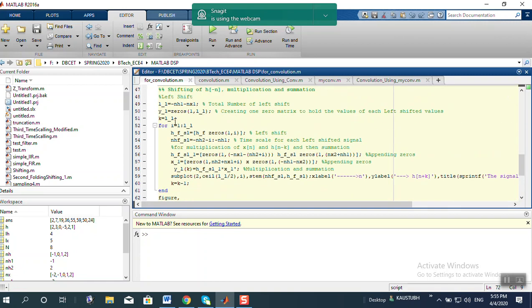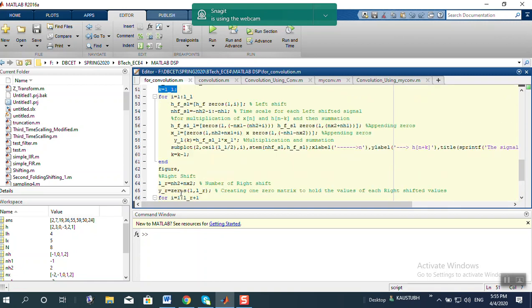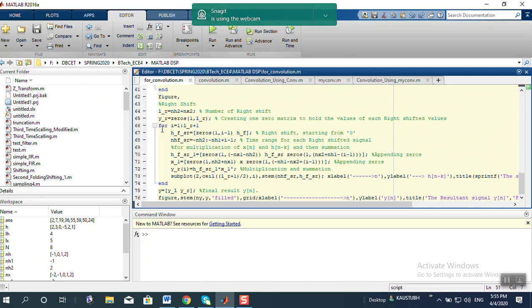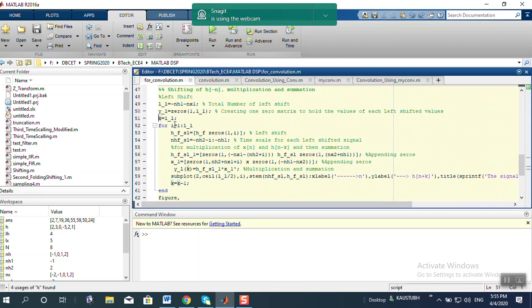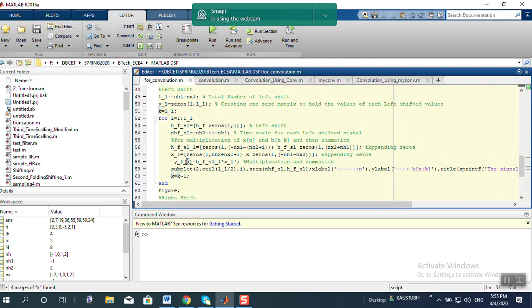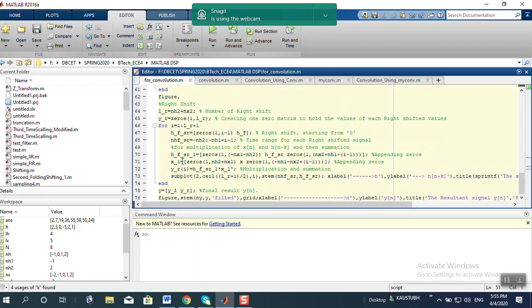And see here, for k I have not done the same as here because it is from left to right, but while calculating, it is right to left. So therefore I am making it opposite. So k, suppose 5, then 4, then 3, then 2, then 1, because it goes towards the negative side. But here it goes towards the positive side. So from 1, 2, 3, 4 like that only.